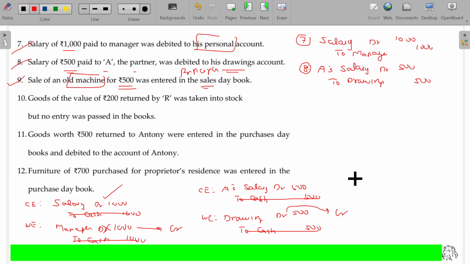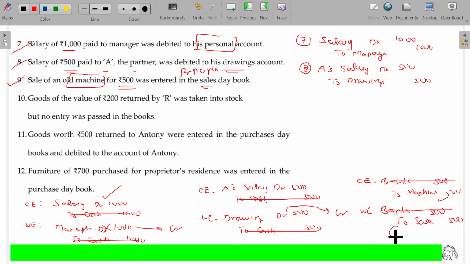Ninth one. The correct entry is sale of machine, bank to machine. The value being 500. What is the wrong entry? Bank to sales, wrong entry. Bank has no problem.